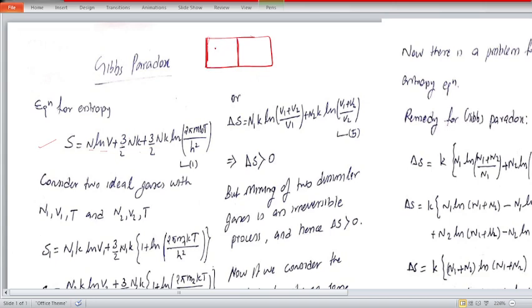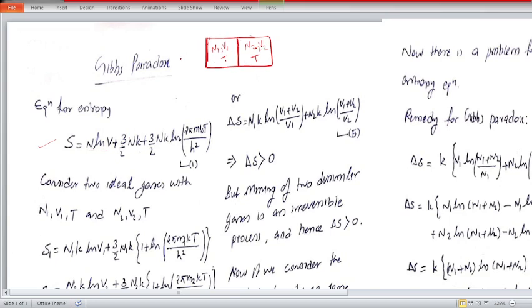On this side we have number of particles n1 and volume v1. Those are fixed, and the temperature on both sides is the same. On the other side the number of particles is n2 and the volume is v2, and the temperature is the same, T.